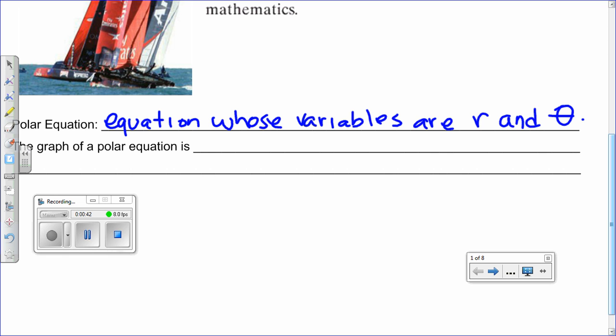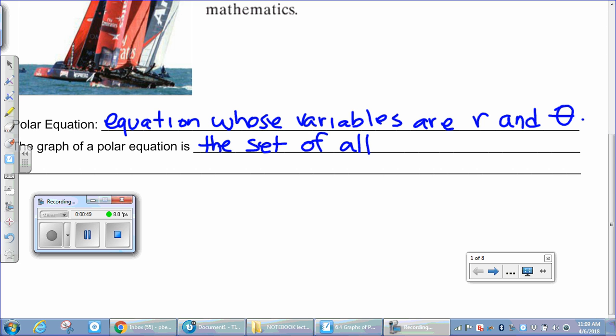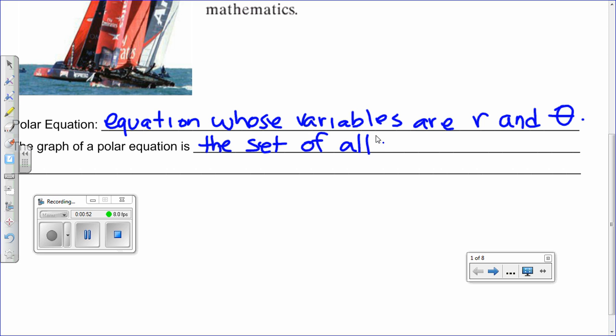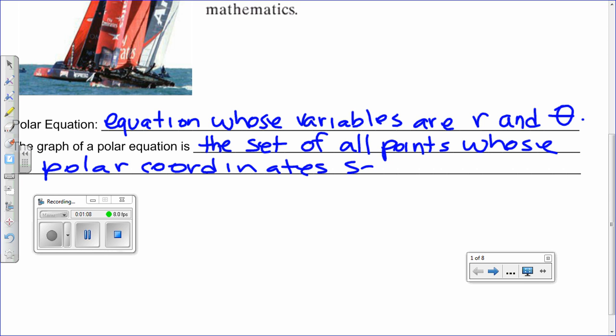And the graph of a polar equation is the set of all points whose polar coordinates satisfy the equation. Please copy that.